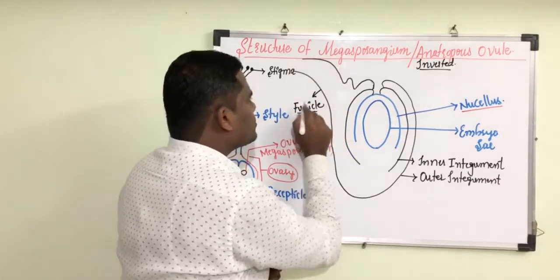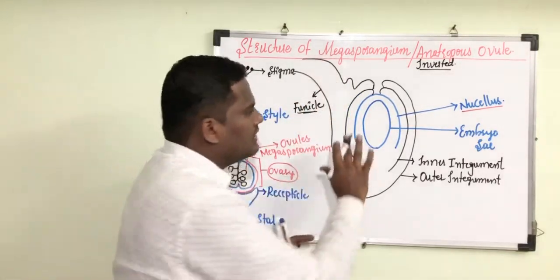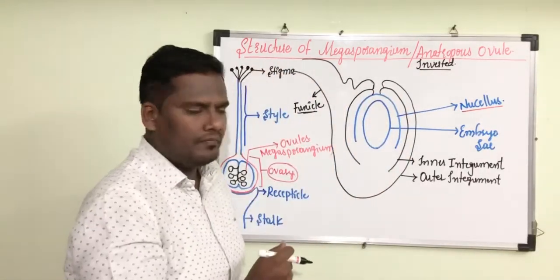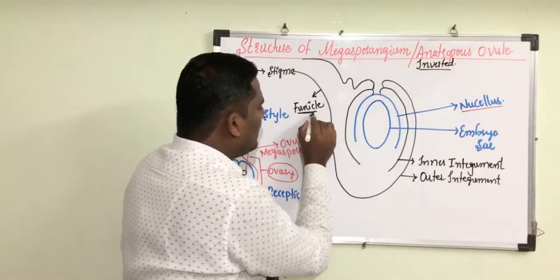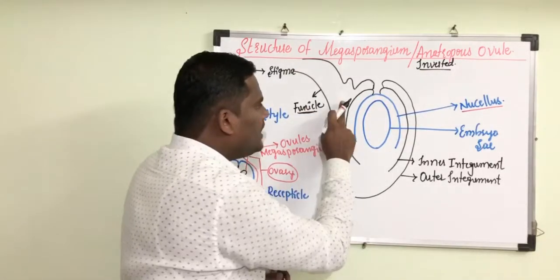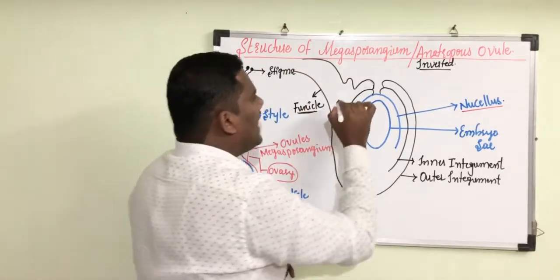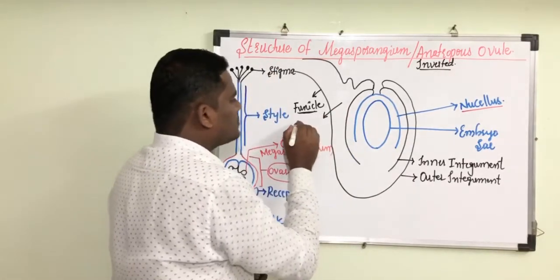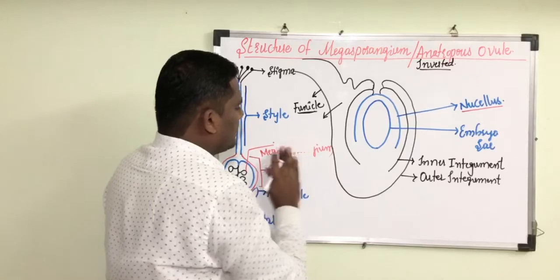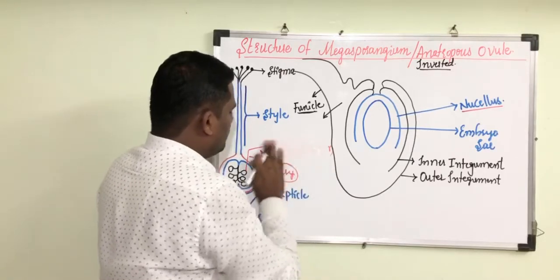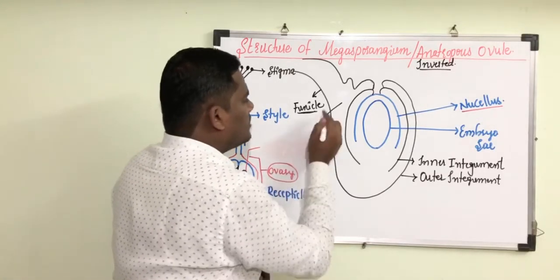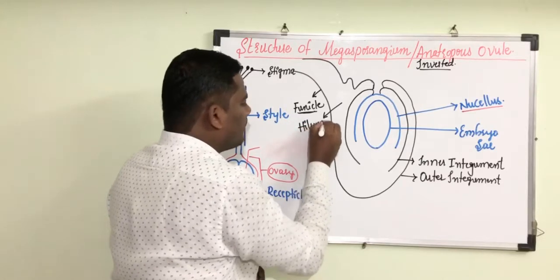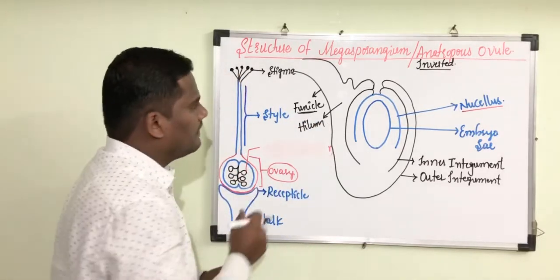Funicle is nothing but a stalk-like structure through which this entire structure gets attached to the ovary. The funicle attaches to the outer integument. That junction is called the hilum.